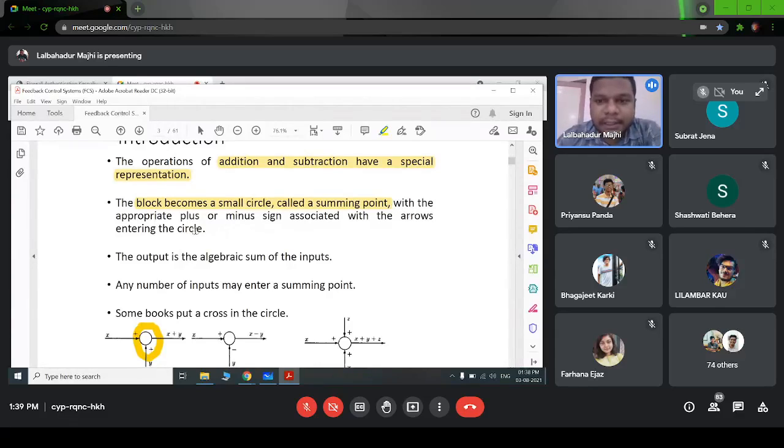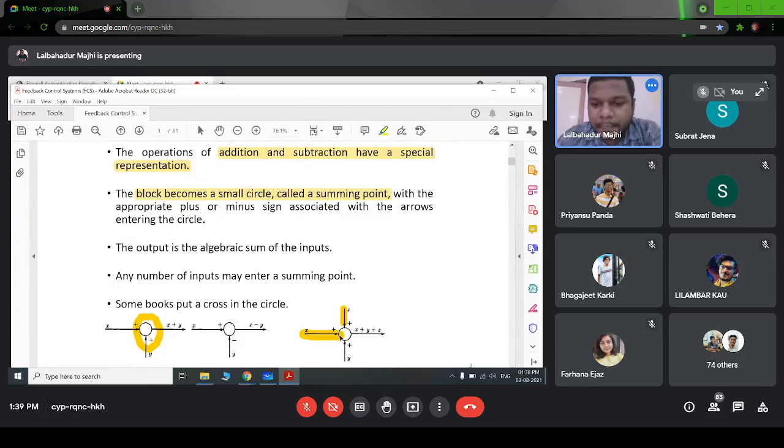The summing point has the appropriate plus or minus sign associated with the arrows entering this circle. There are 3 arrows in this last one, and there is an output. The output is the algebraic sum of the inputs.